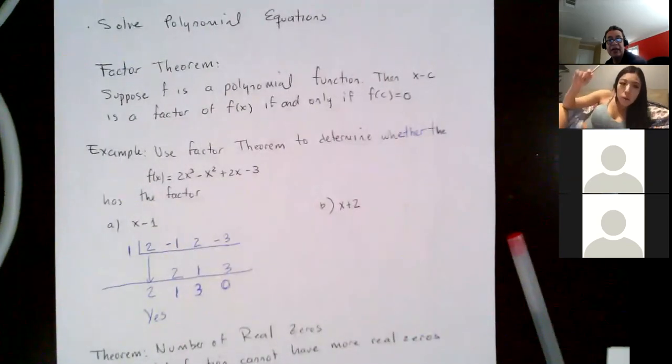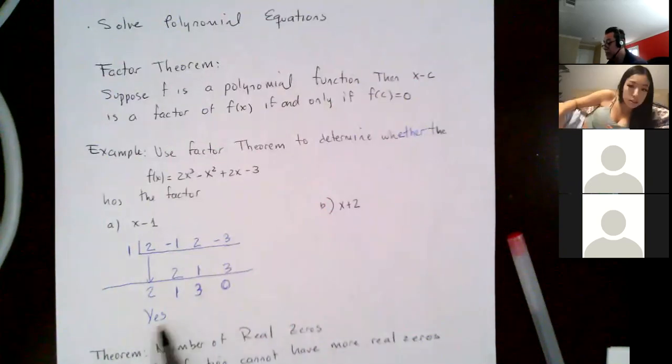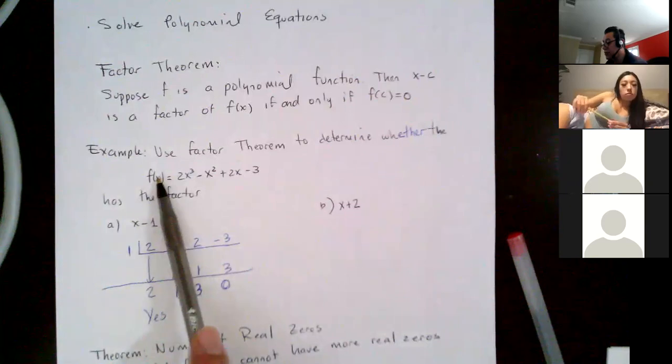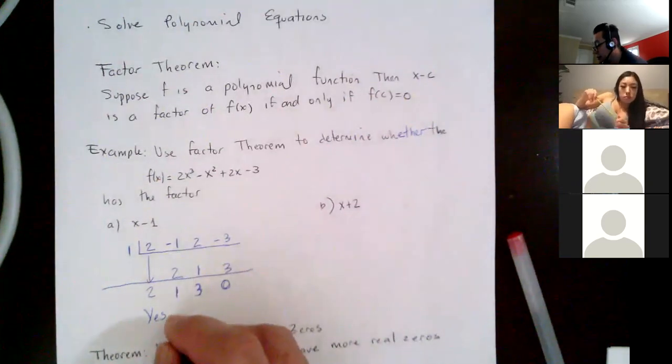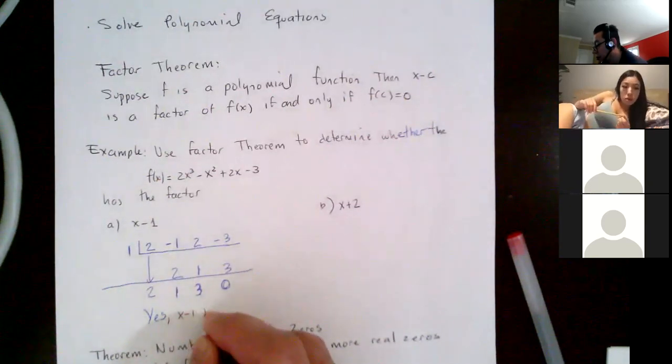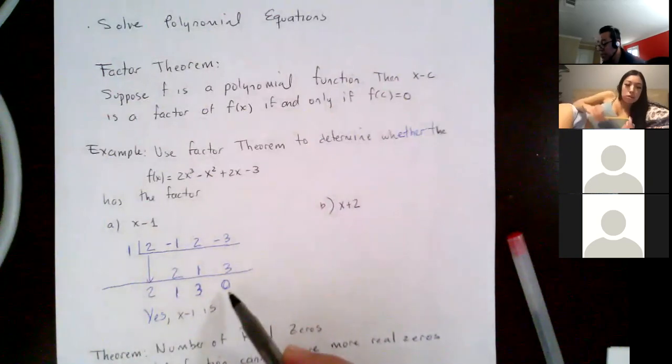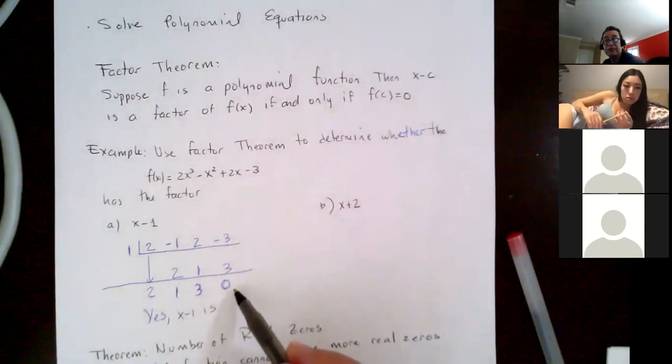Is that clear? Terry, question? Yes, I have a question. Can you explain the last step that you were doing? I'm confused about what the yes is. The yes means that x minus 1 is a factor of f of x. And why is it yes? Because the remainder is 0. That's the only one we care about, the last one.